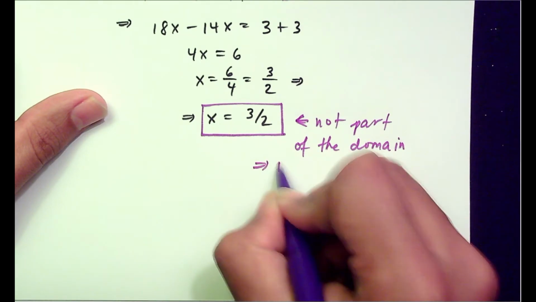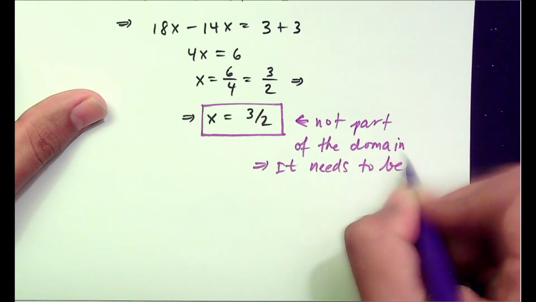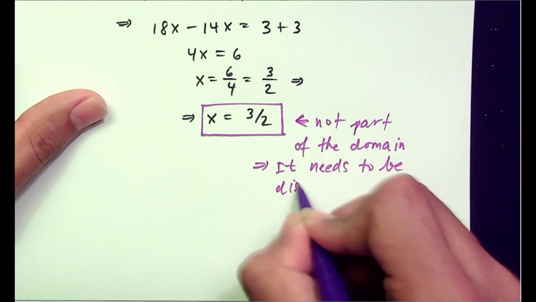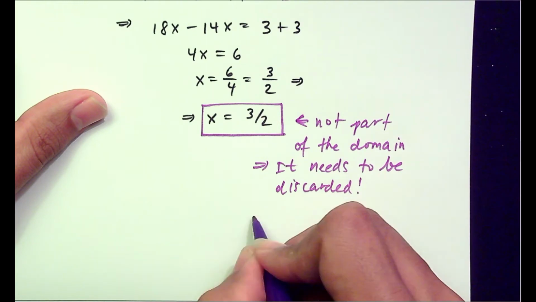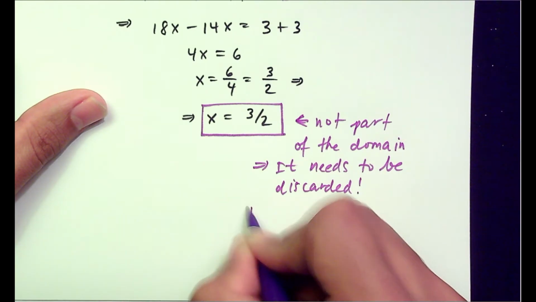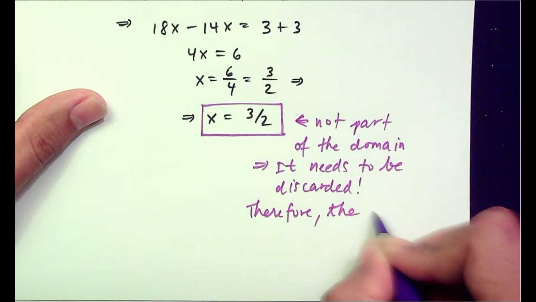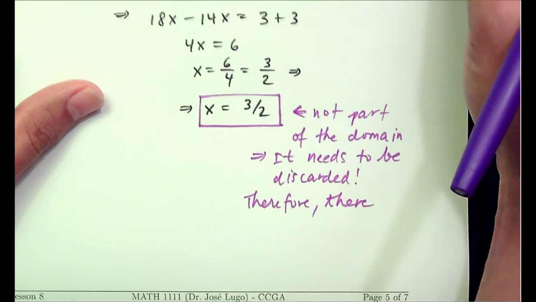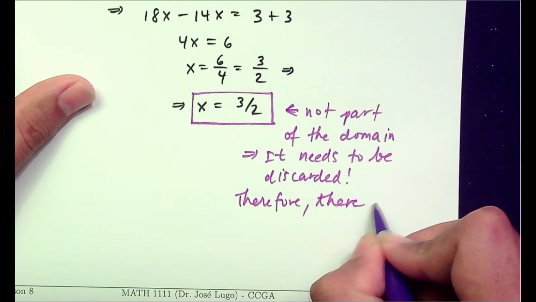Therefore, it needs to be discarded. Conclusion, if you only had one solution and you discard that one, then you have nothing. That means there are no solutions.